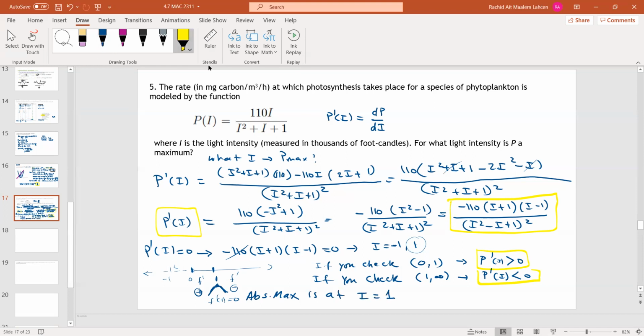So that's the answer. And if you are interested, you substitute 1 into I, and you're going to find 30.